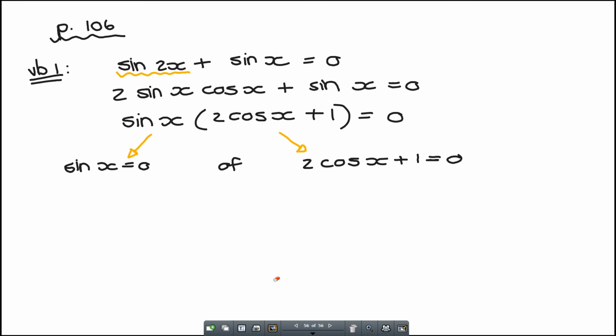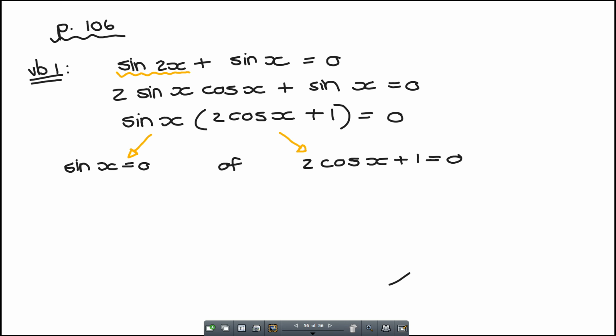Okay, right, so the one on the left-hand side, that sin x is equal to 0 is nice and easy. But the one on the right-hand side, we still got to manipulate a bit. And the textbook skips directly to that step. So you're going to take that 1 over, so it will become minus 1. And then this 2 will also have to go over, and that becomes divided by 2.